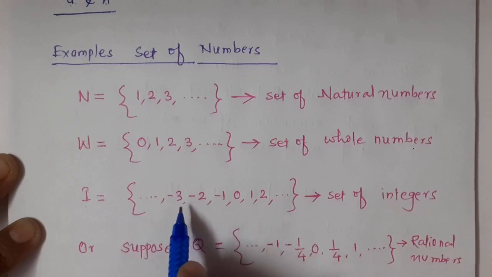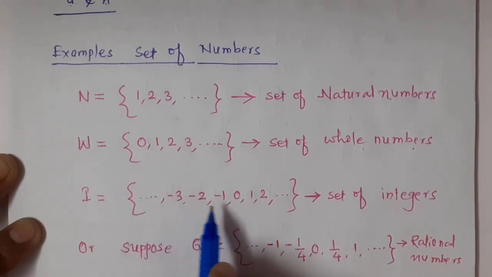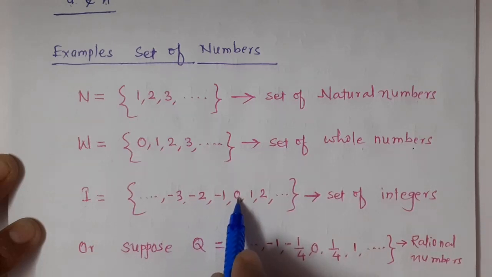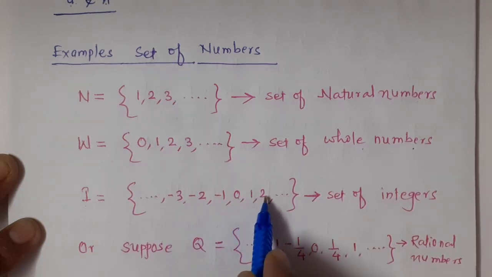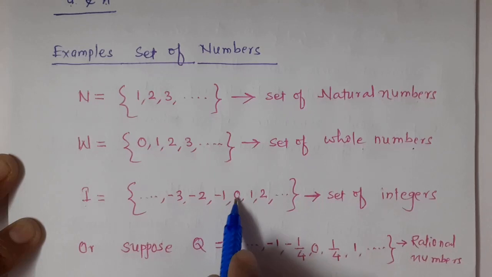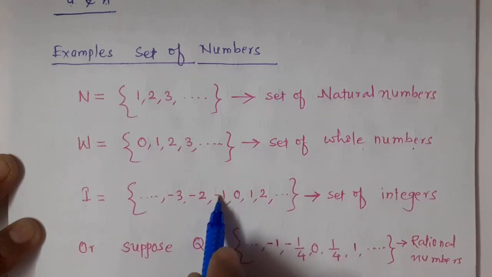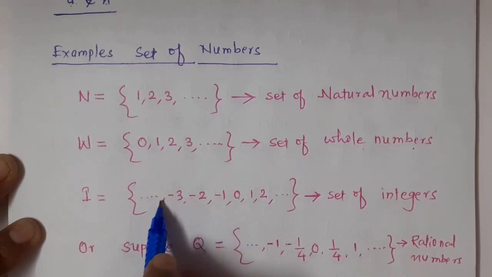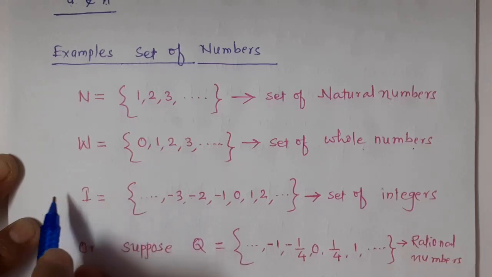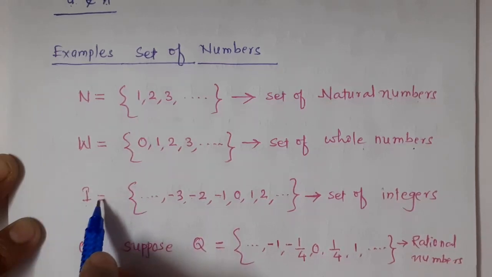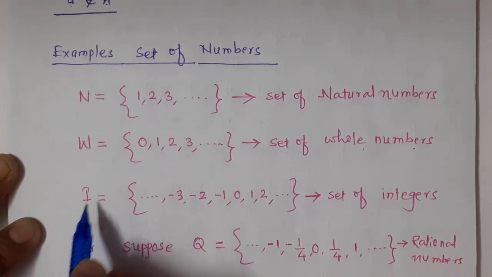I am showing in this set all the numbers right of 0: 0 comma 1 comma 2 onwards, and to the left of 0: minus 1, minus 2, minus 3, minus 4 and so on. That is going on like that. You are representing this set of integers.